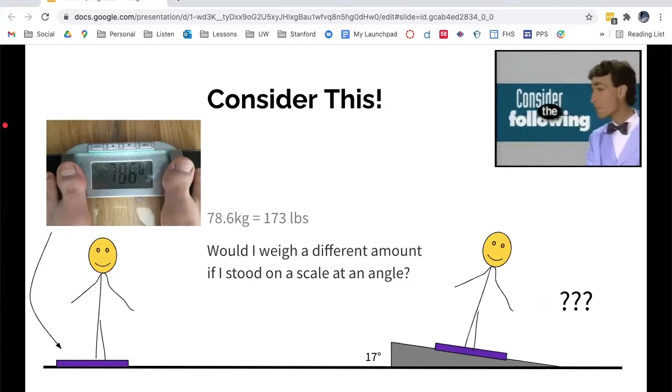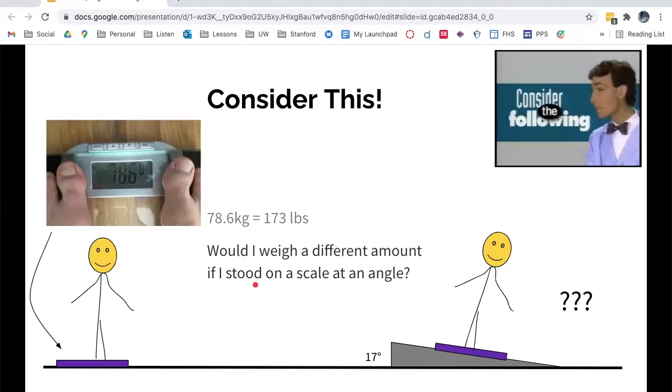I'd like you to think about this. I weigh about 78.6 kilograms. That's about 173 pounds. And I weighed myself. I stood on a scale and it said 78.6 kilograms.